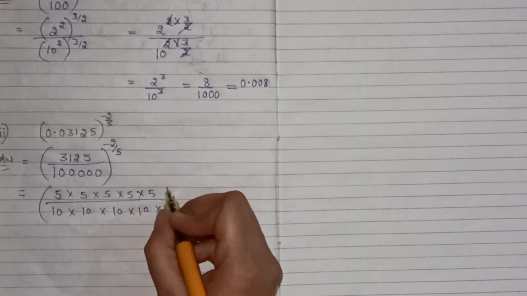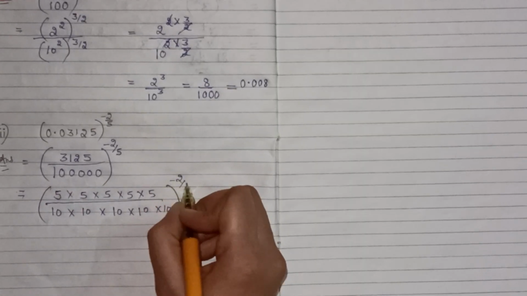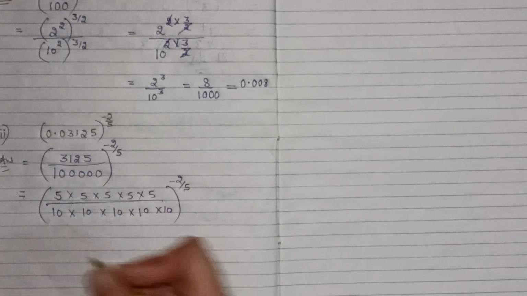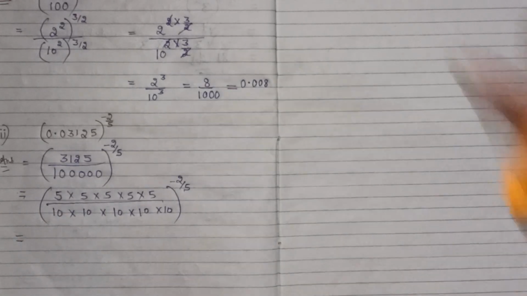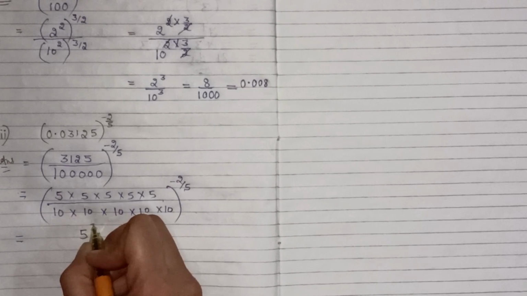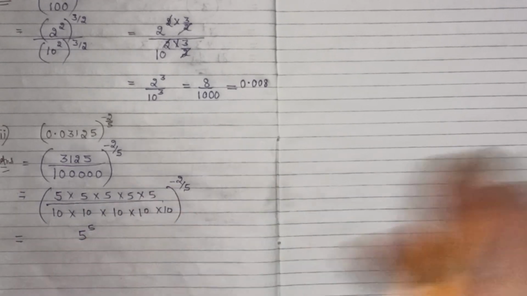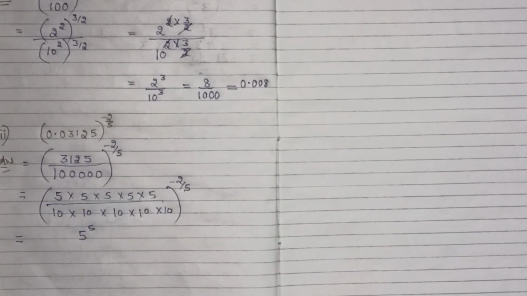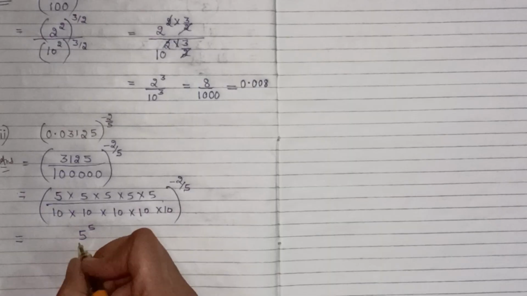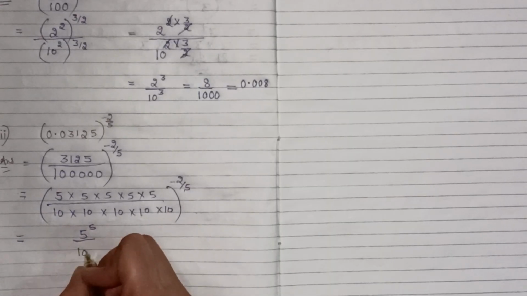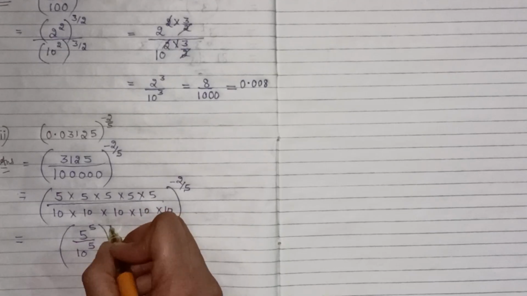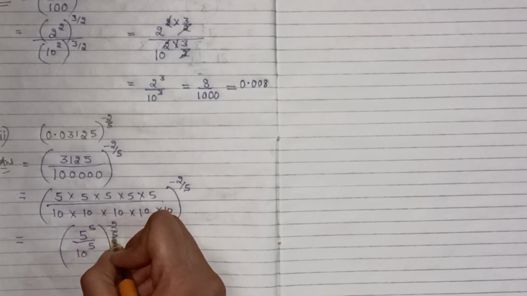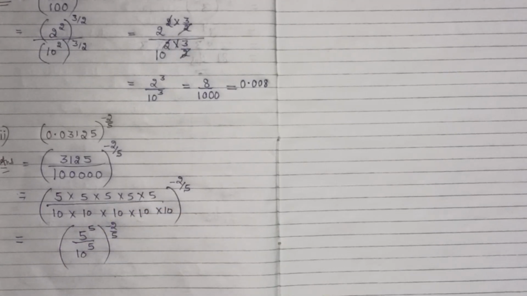Writing the exponent -2 upon 5, this is equal to 5 raised to power 5 upon 10 raised to power 5, and the exponent -2 upon 5 is the exponent of both these numbers.